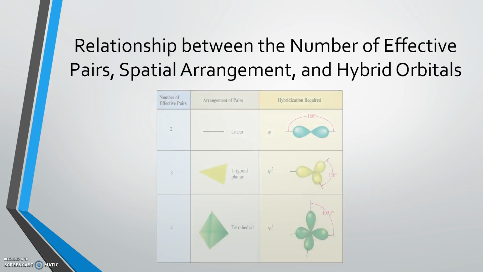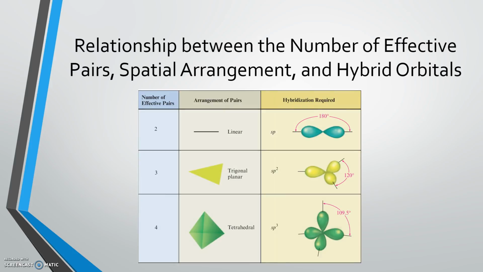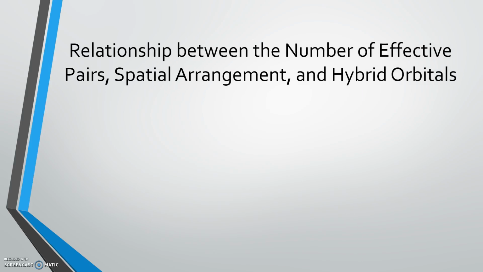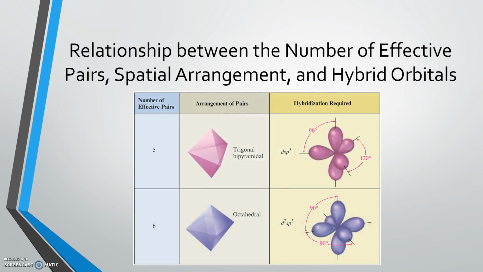Another resource that I provided in your notes is this table, which includes the number of electron regions, the shape, the arrangement of those electron pairs, and then what type of hybridization is needed, and the bond angle. So it's cut into 2 parts, but you have all the way from 2 electron regions or effective pairs up to 6.